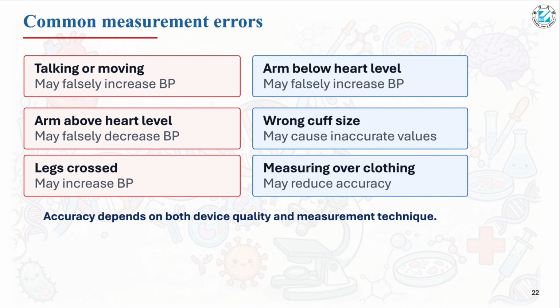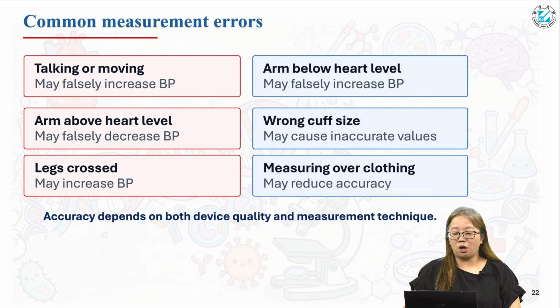There are several common errors in blood pressure measurement. Talking or moving during measurement may falsely increase blood pressure. If the arm is below heart level, the reading may also be falsely high. If the arm is above heart level, the reading may be falsely low.